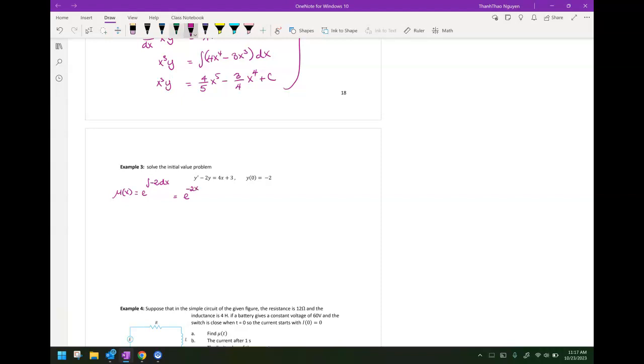We multiply the entire equation by the integrating factor. Integrate both sides.